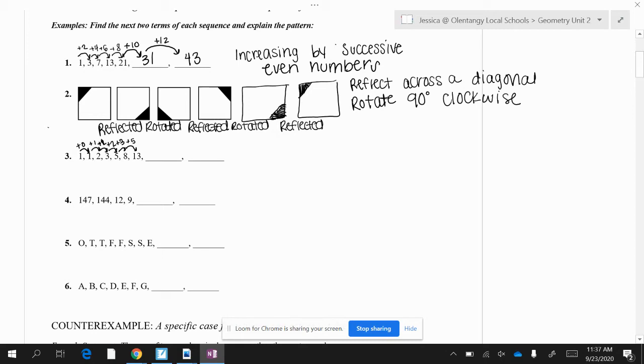So plus 1. So 0, 1, 1, 2, 3, 5. This is actually what is called the Fibonacci sequence. So it adds the previous 2 digits. And that's what's called a Fibonacci sequence.